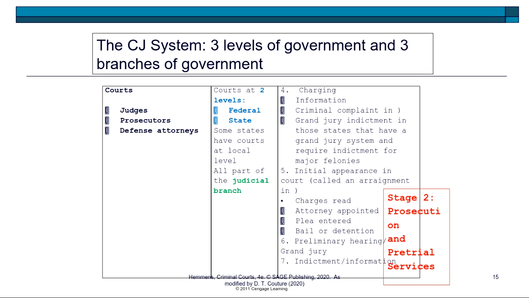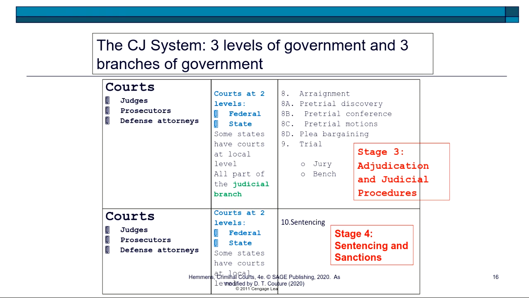This is where the prosecutor and the defense attorney begin to represent their adversarial interests. We'll talk about the initial appearance, which we call an arraignment. We'll talk about states that require a preliminary hearing versus a grand jury indictment. And that's all part of stage two.